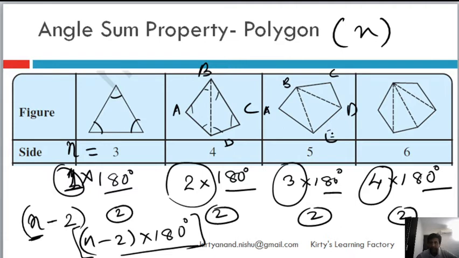Every time you will see that the number of triangles is 2 less than the number of sides, and the number of triangles we can form internally, into 180, is the total internal angle of the polygon. Now you could say that I can also form a triangle like this, and therefore the number of triangles is 4.